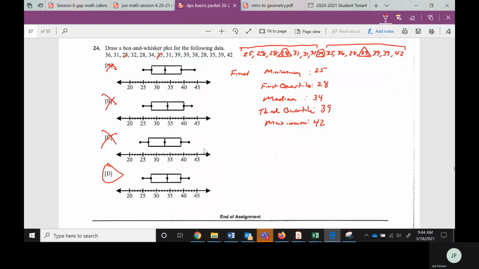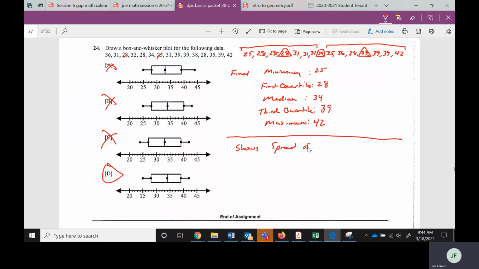A couple other things that I'm going to just show you as far as notes here on what a box and whisker plot can do. Again, it shows the spread of data.